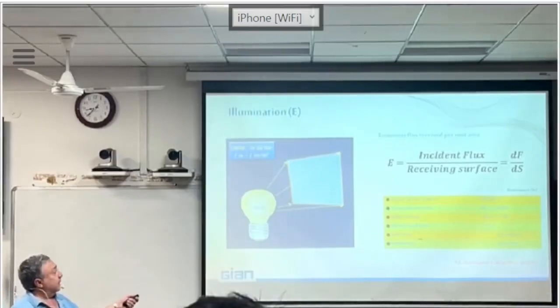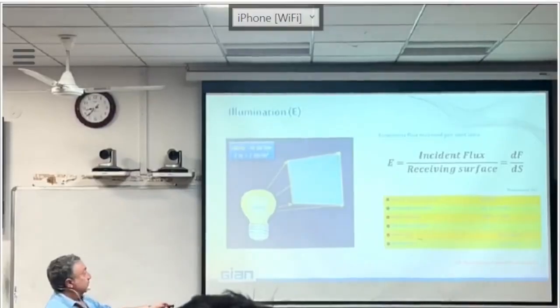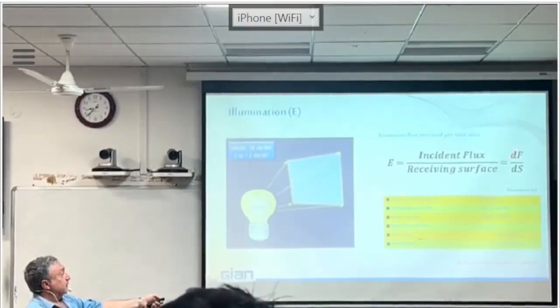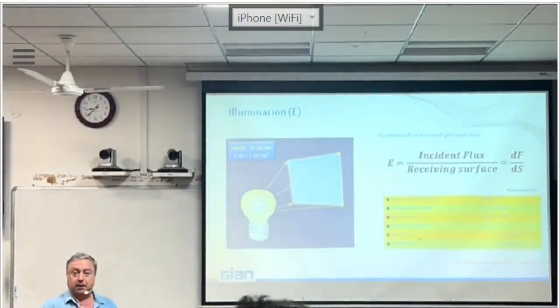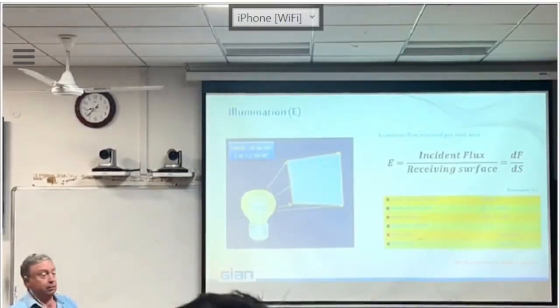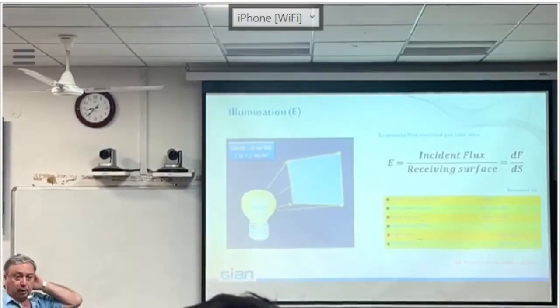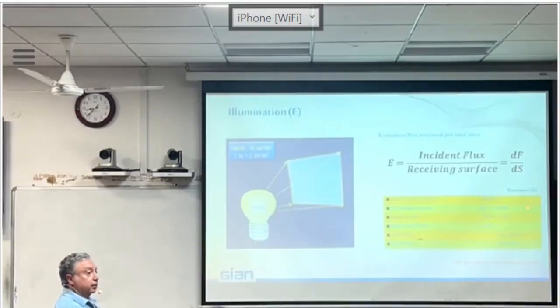Illumination. Illumination is the ratio between the flux on a surface divided by the surface, and more precisely dF over dS, a differential equation again. Some orders of magnitude. Summer at noon in the sun, and I would say when you have white sand outside near the equator, more than 100,000 lux.